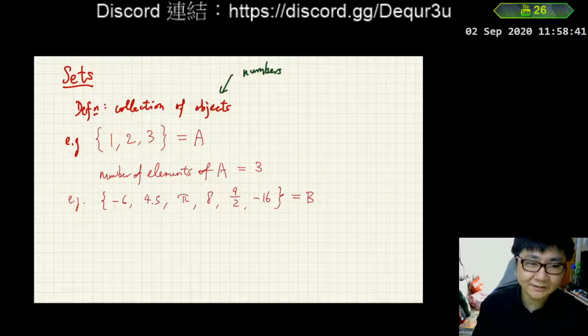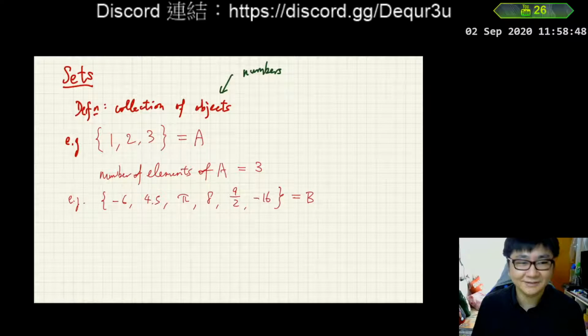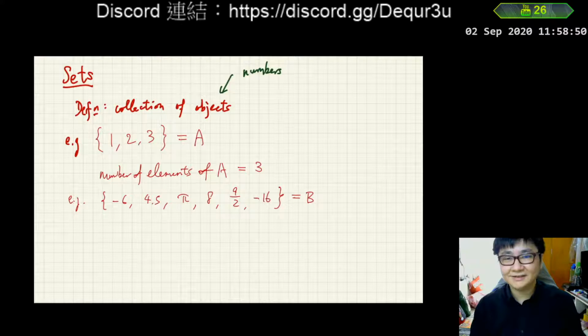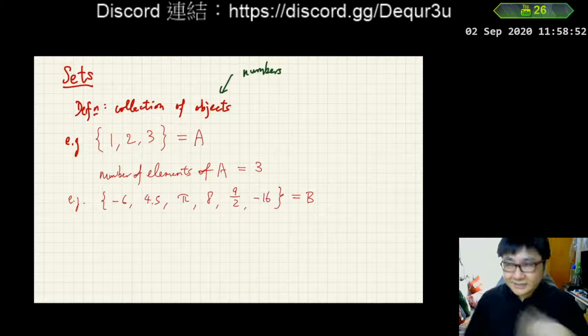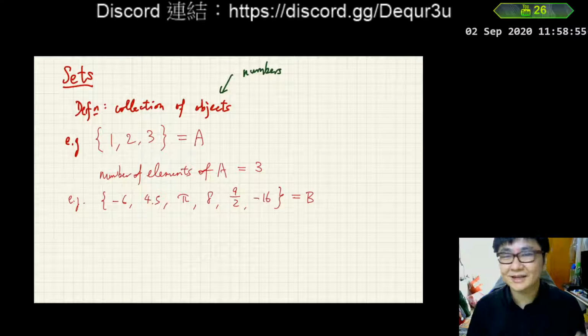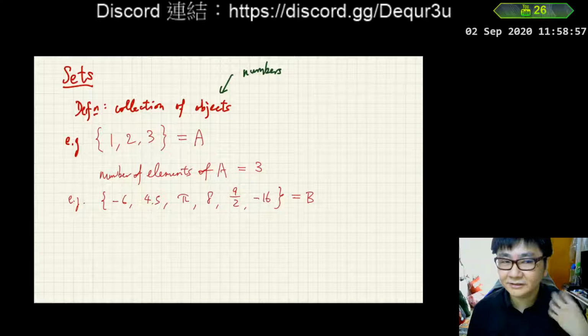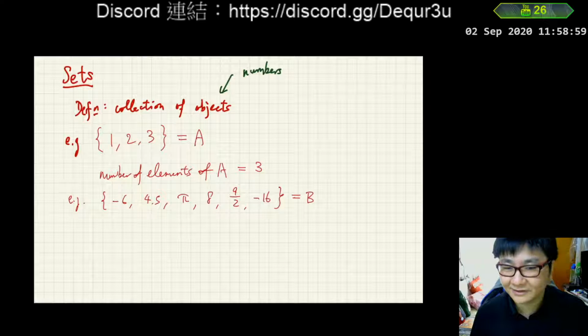So if I'm asking how many elements are there in the set B, okay, so could you say how many elements are there in set B? So you can answer in chat room, or even if you don't want to type anything, still you have an idea in your mind how many elements are there in the set B.